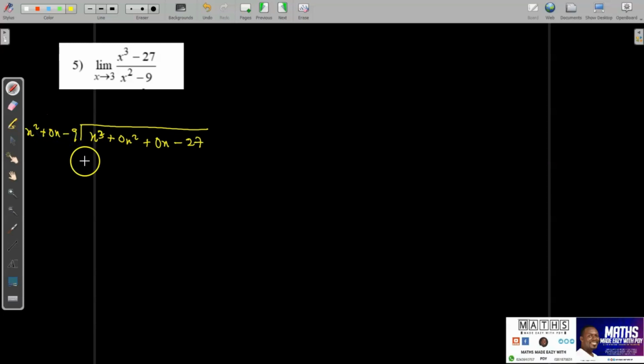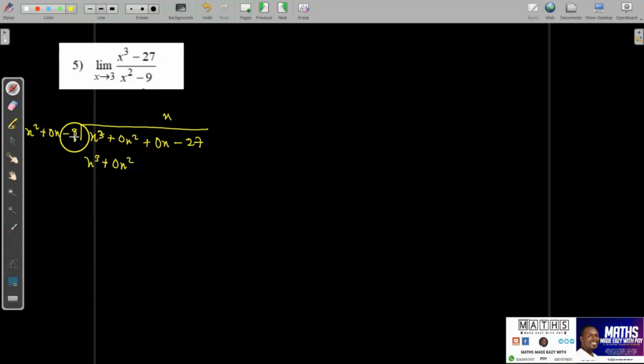Good. So now we divide. We use the leading terms to divide. So s squared will go into s cubed x times. Then x will multiply s squared, it will give us s cubed. x will multiply 0x, it will give us plus 0x squared.